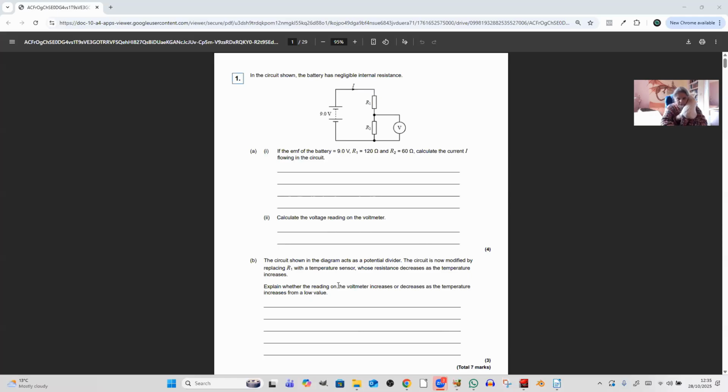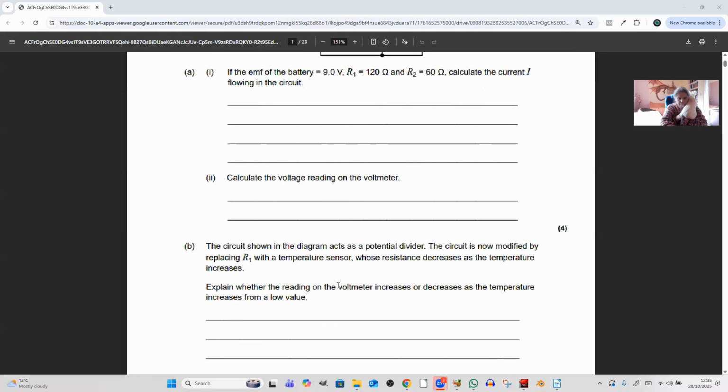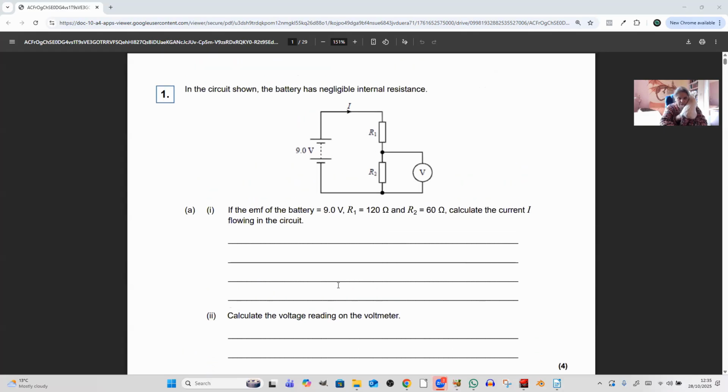Let's make it a bit bigger, shall we? So you can see, this is a classic potential divider. Now, using our new ideas about potential as opposed to potential difference, we've got a 9-volt supply.